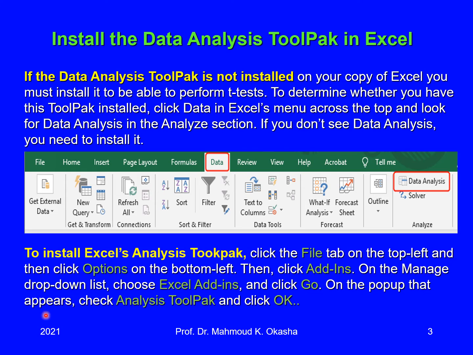In the Manage drop-down list, choose Excel Add-ins and click Go. In the pop-up that appears, check Analysis ToolPak. Then, last thing, click OK, and that's it. You will have this icon in your Excel sheet. You have to do it once and that's it.